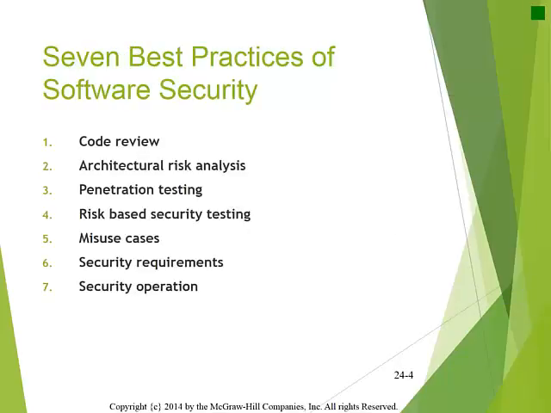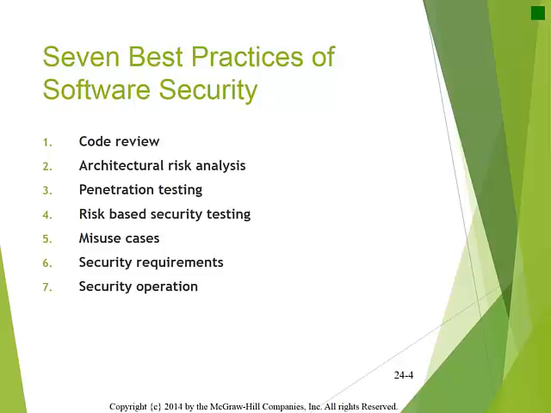Seven best practices in software security are code reviews, architectural risk analysis, penetration testing, risk-based security testing, misuse cases, security requirements, and security operation. Code review can find implementation problems, omissions, misunderstandings, and naive assumptions of trusting too much.